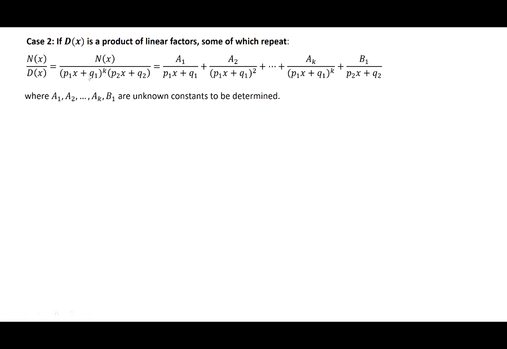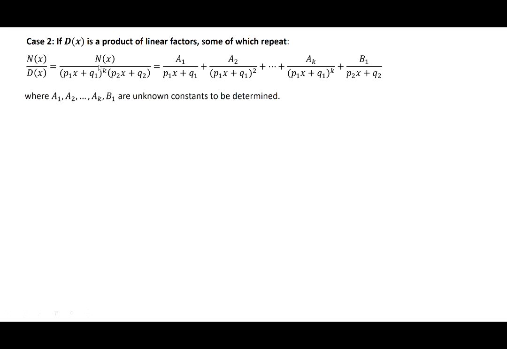In those cases, the way you deal with that repeating factor is like this. You say a1 over p1x plus q1 plus a2 over p1x plus q1 the quantity square, and if it's repeating k times, plus a3 over the quantity cube, a4 over that, all the way up to a sub k over p1x plus q1 to the k.